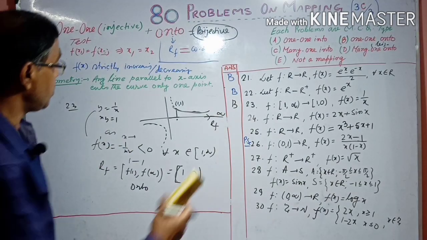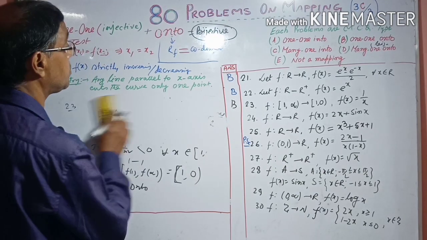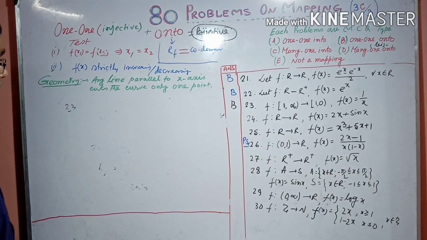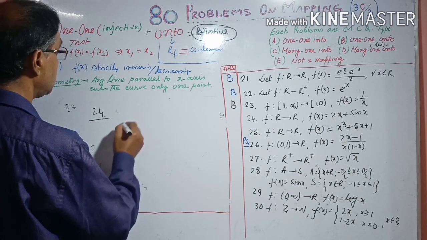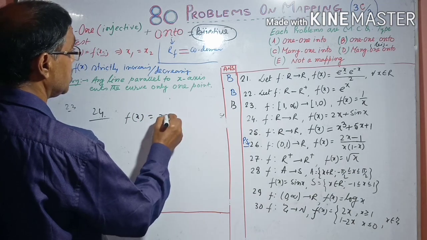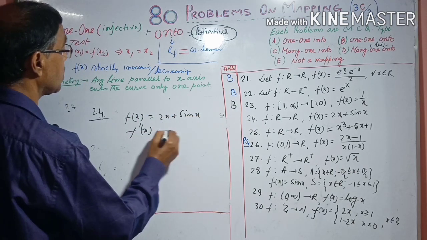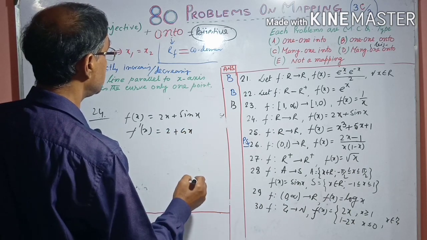Now for problem 24, you can easily get the result. f(x) equals 2x plus sin x. Therefore f dash x equals 2 plus cos x.